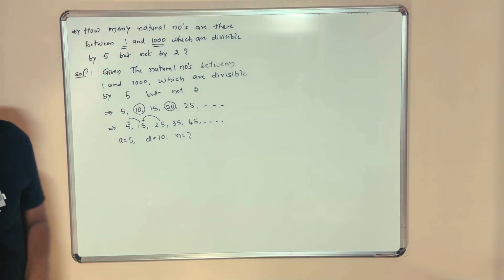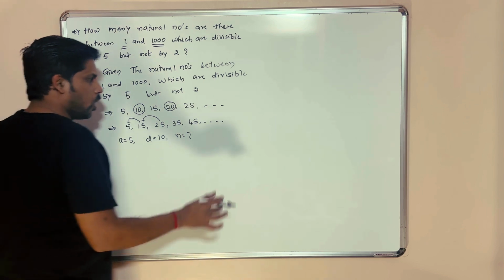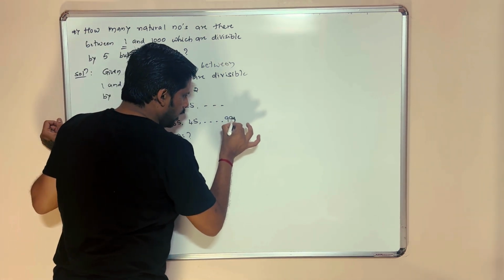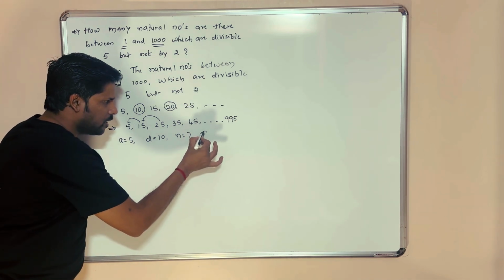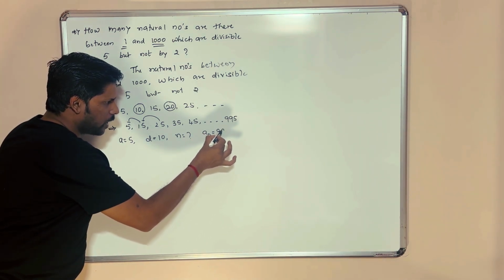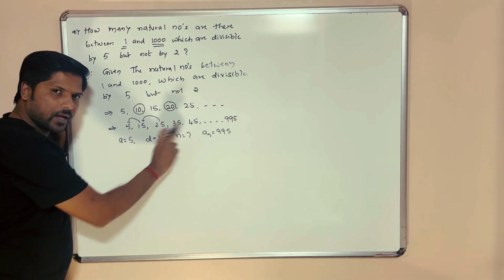And what is the last number which is divisible by 5 but not 2? That is 995. That is an is equal to 995 because it is the last number. The last number is denoted by an.